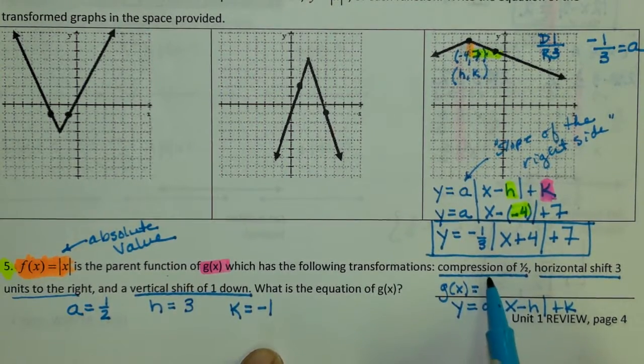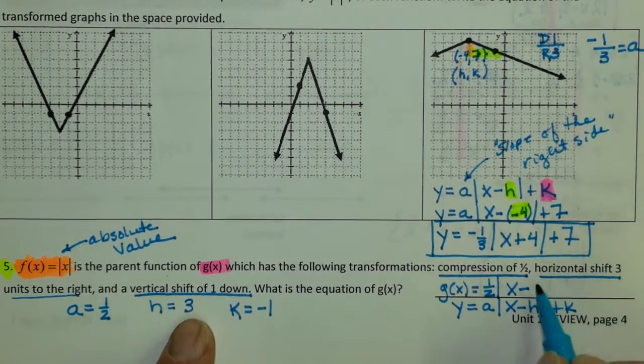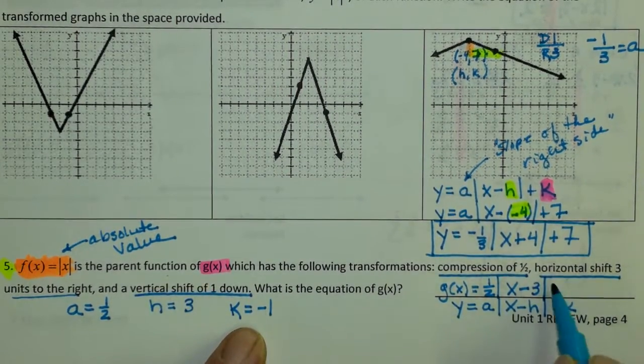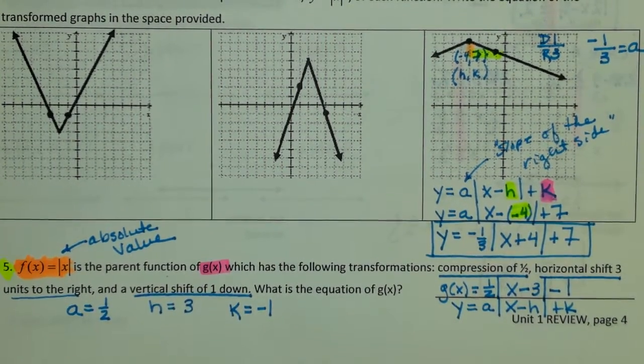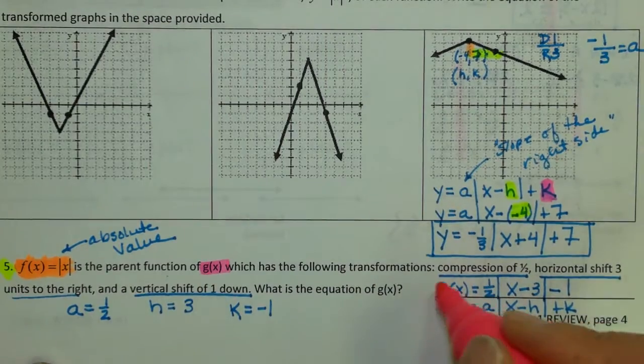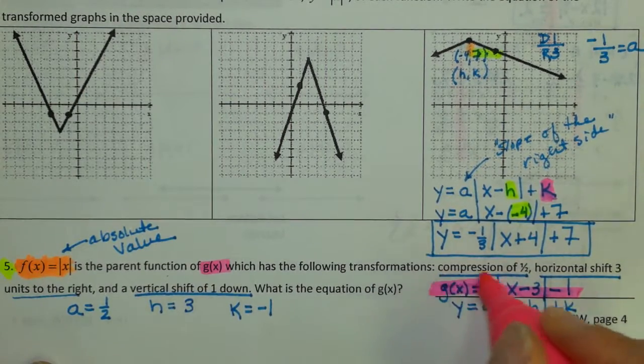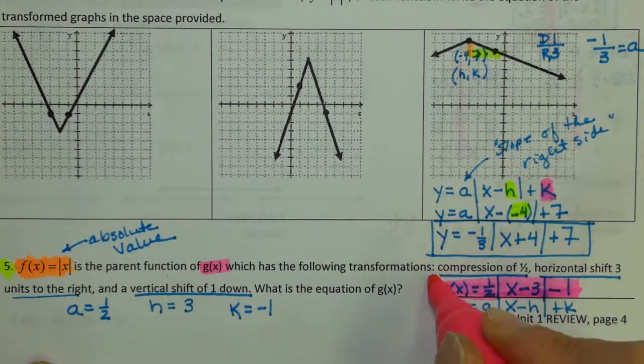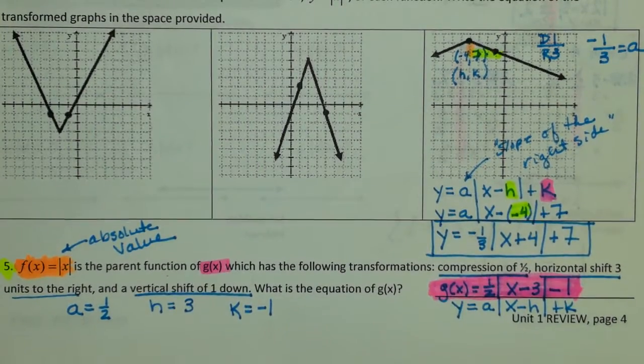And then my a is 1/2 absolute value x minus, what is h? H is just 3. And then I have a plus negative 1, so it's the same as negative 1. So that means now that my g function with these transformations comes out to be that.